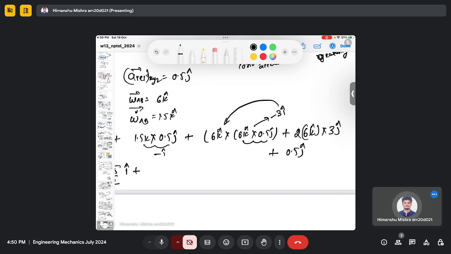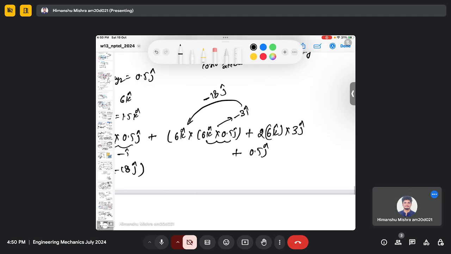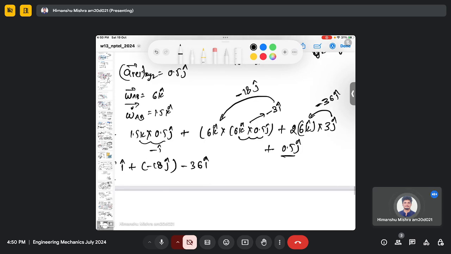Then you need to do the cross product between 6k and minus 3i, which will give you the j direction, and magnitude is 18, overall minus 18 j. Then this will give you minus i, and the magnitude is 36, minus 36 i, and this is plus 0.5 j.